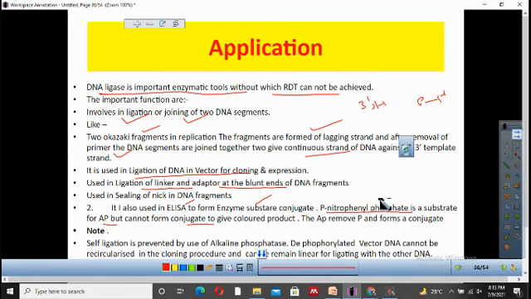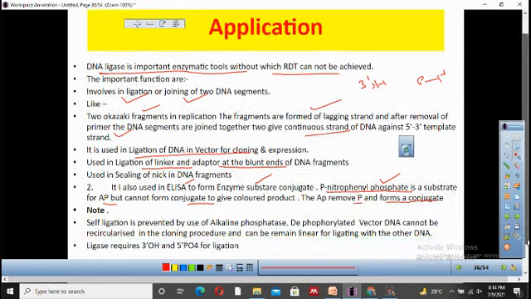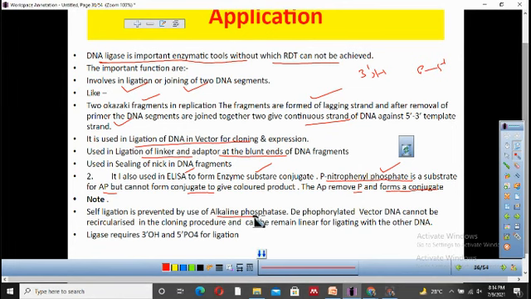So AP removes the phosphate and then it forms a conjugate. Self ligation is prevented by the use of alkaline phosphatase. In the dephosphorylated vector, DNA cannot be recircularized in the cloning procedure and can remain linear for ligating with other DNA. Ligase requires, of course, the 3' OH and the 5' PO4.